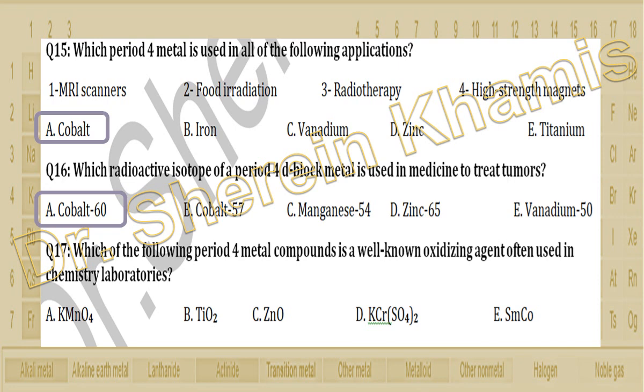We have here KCr(SO4)2. We call it chromium(III) potassium sulfate, or we can say potassium chromium sulfate. We can use the two names.